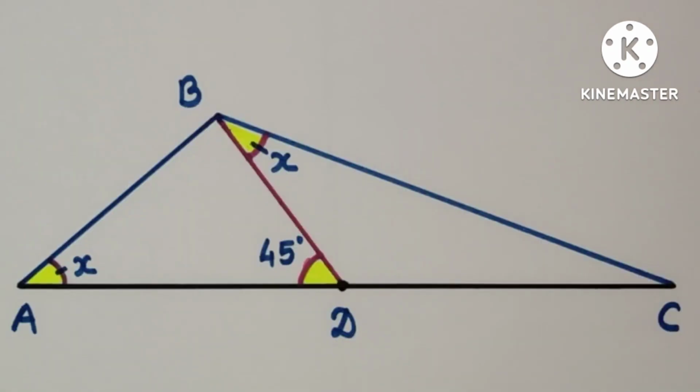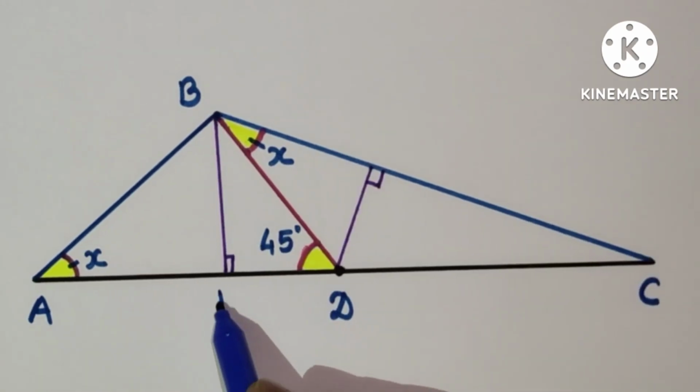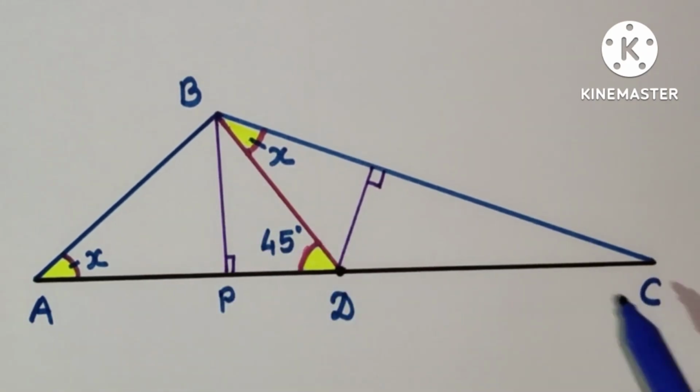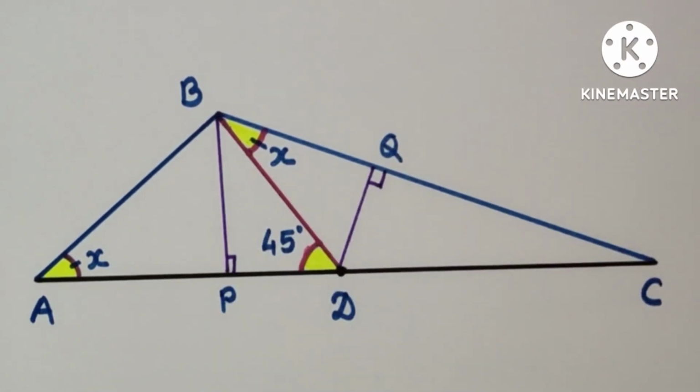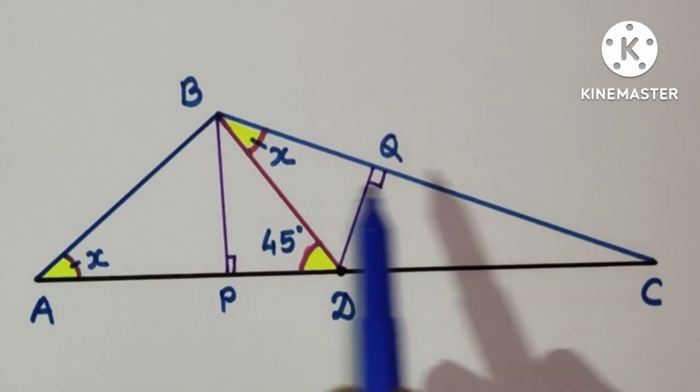In this method we need some constructions. Draw a perpendicular from B to AD and a perpendicular from D to BC. So BP is drawn perpendicular to AC and DQ is perpendicular to BC. As we know, a median divides a triangle into two equal areas.